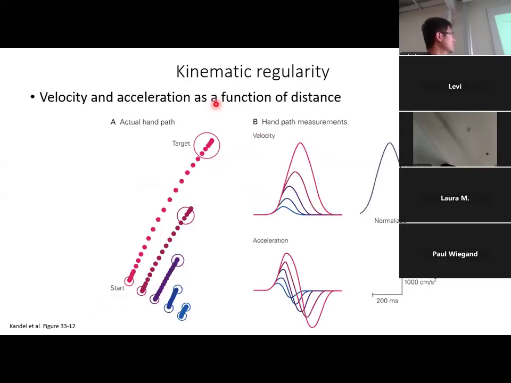With different distances, you have different velocities: for larger distances, you have a higher peak velocity. But across all conditions, as long as it is point-to-point movement, you always observe this bell-shaped hand velocity. And of course, if you take the derivative, you get a biphasic acceleration. This is a very invariant, regular pattern observed in human point-to-point movement.